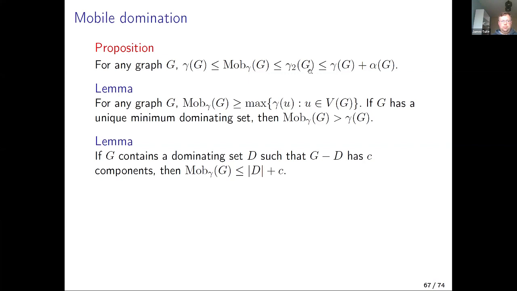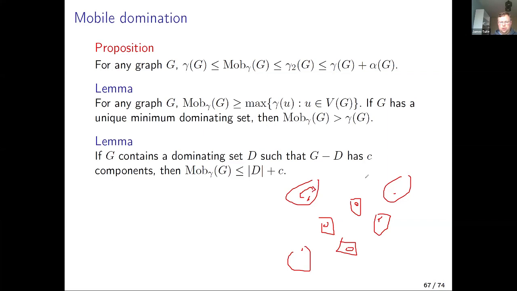One trick you can do in order to make this work is to start with a dominating set. Let's say I draw this in red. And suppose that when you delete that set from your graph, you're left with some collection of components. You can just station one robot in each of these, and that can visit all of the remaining vertices of that component. And because we always have our robot stationed here, this will always be a dominating set.